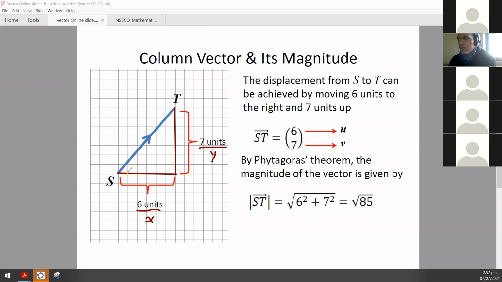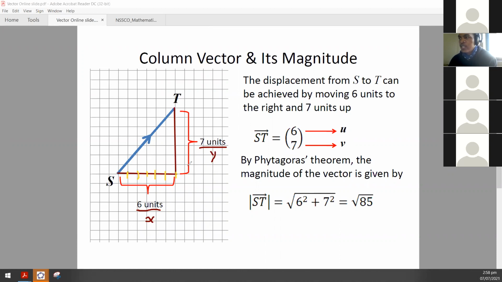So that will be 1, this will be 2, this will be 3, 4, 5, 6. So 6 blocks. That is the length of this vector, okay? Like length, breadth, or breadth, length, whichever way you are looking at the triangle. So that's where the 6 units comes from, okay?